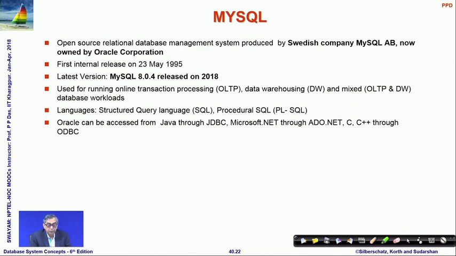MySQL is probably the most widely used amongst the free community, among the open source community also, where the first internal release happened in 1995, and the recent releases happened this year. So, these are the common database systems that you will come across. Given the organization that you are working with, first find out which database system it uses and then look into the specific manual for that and specific features.